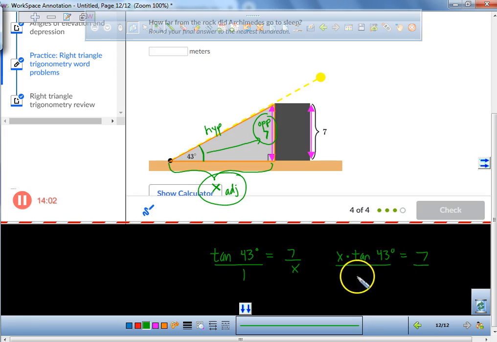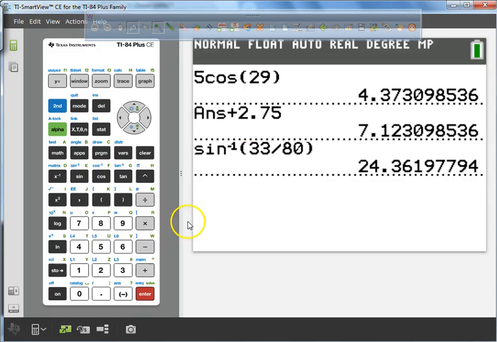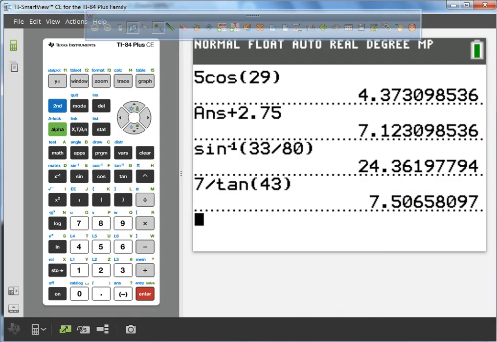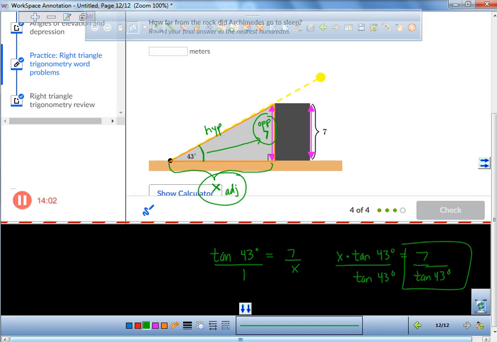And then I get to divide both sides by the tangent of 43 degrees. And my handwriting's looking a lot better than it did just a few minutes ago. So I'm going to do 7 divided by the tangent of 43. Probably because it's Friday. My handwriting gets better closer and closer to the end of the day. All right, 7.51, nearest hundredth, so I got to put 7.51.